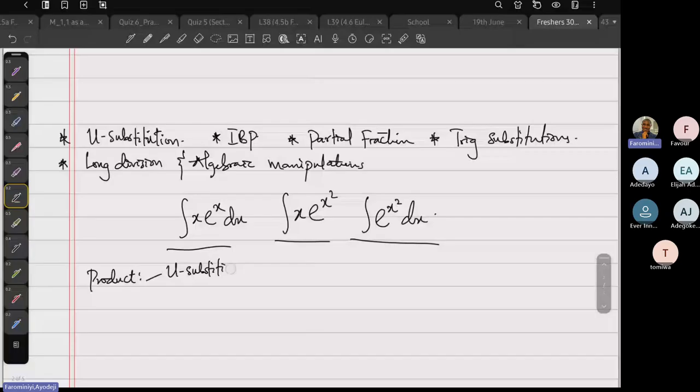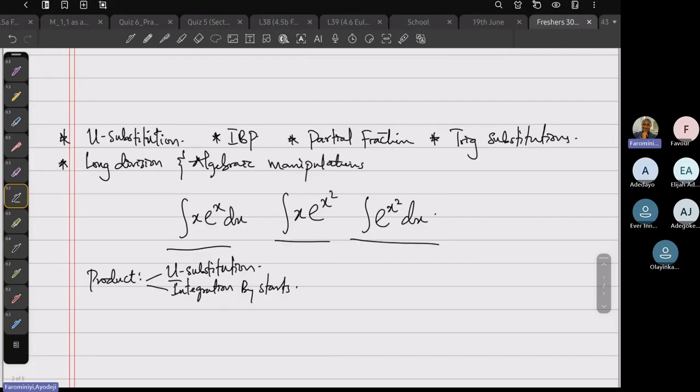If U substitution is not something that will work, the next thing will be, can I use integration by parts? So those are the major two things that you think about when you see a product.